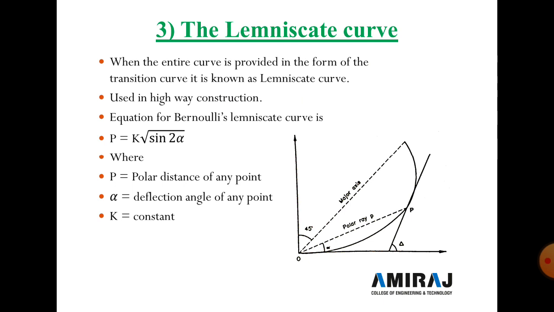It is used for highway construction, and the equation for Bernoulli's lemniscate curve is P equal to K under root of sine 2 alpha. So this is the equation for the lemniscate curve, where P is the polar distance of any point, and alpha is the deflection angle of any point. So this one is alpha, and P is the polar distance of any point. This one is the polar ray, and K is a constant value.